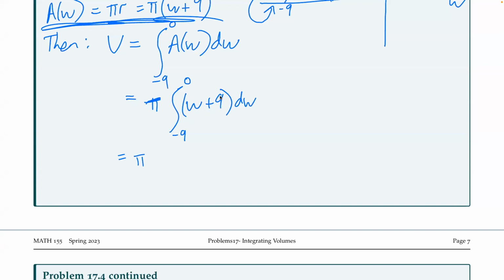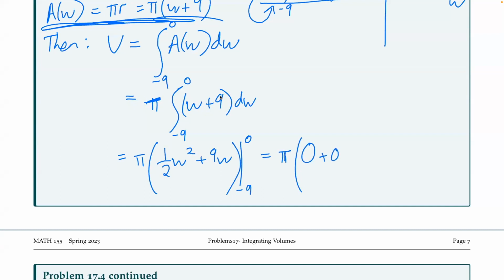So we integrate this. We now have a half W squared plus 9W evaluated between -9 and 0. So if we substitute these things in here, we have pi times 0 plus 0, minus W squared.